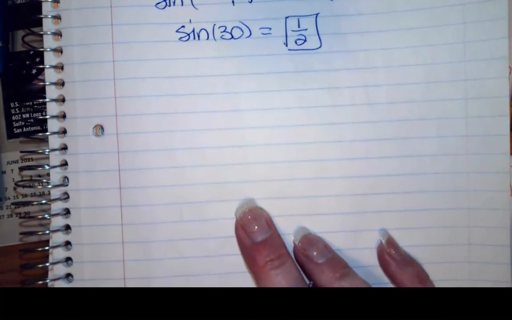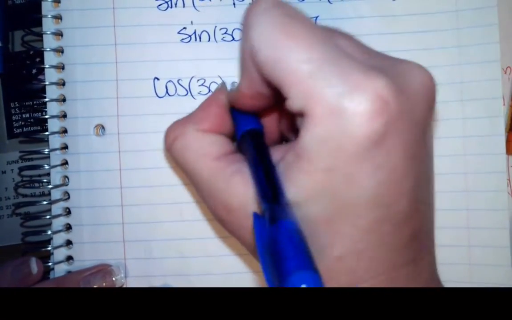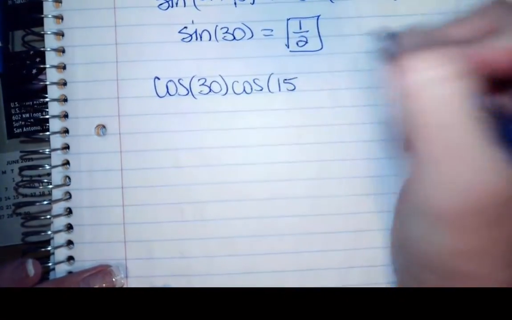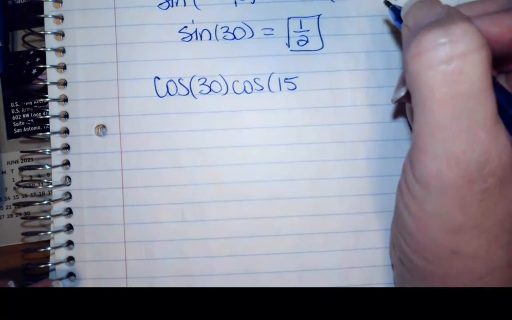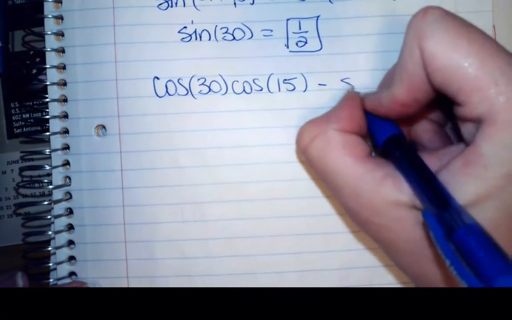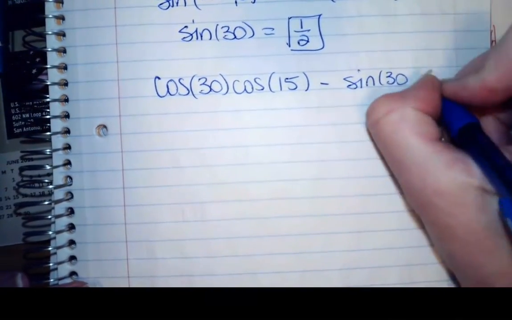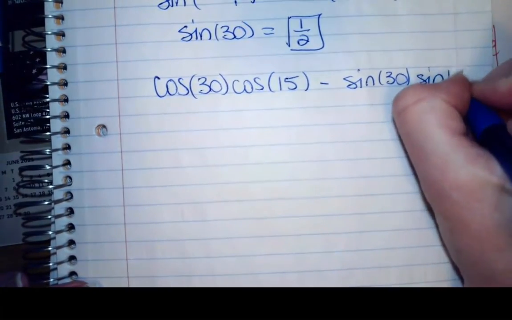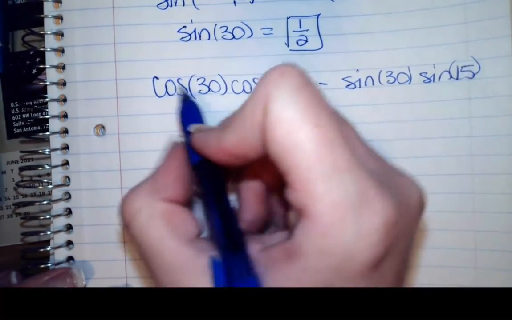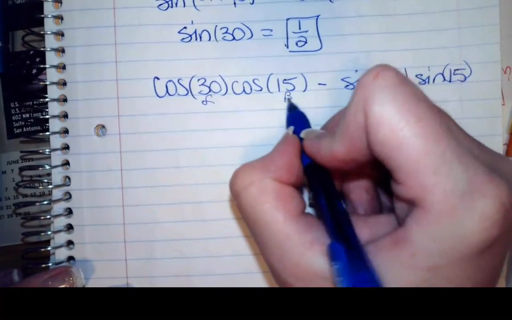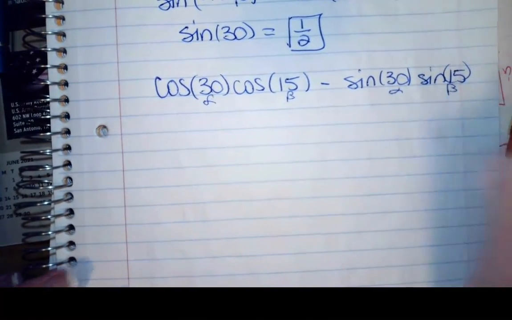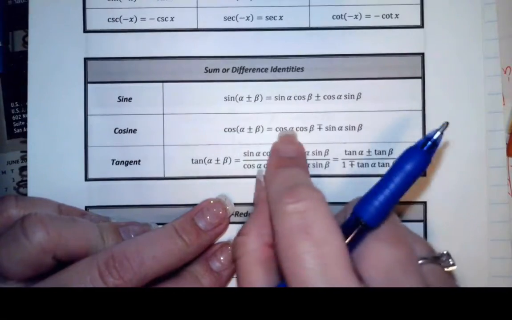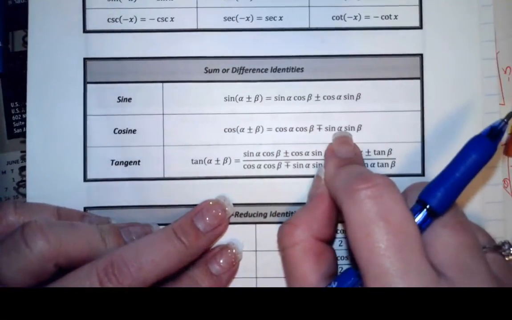Okay, so what if I have cosine 30, cosine 15, and then I'm going to subtract sine 30, sine 15. So I know I've got cosine alpha, cosine beta, sine alpha, sine beta. So I'm looking for cosines followed by sines, but I notice I'm using a negative.